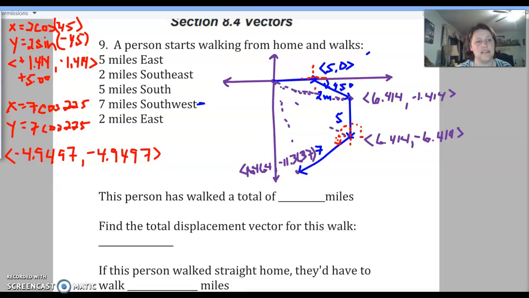Our last location is going to go 2 miles east. When we go 2 miles east, that's going to add 2 just to the x values. We're not going to add any to the y's at all. So I'm going to pause and figure that out.